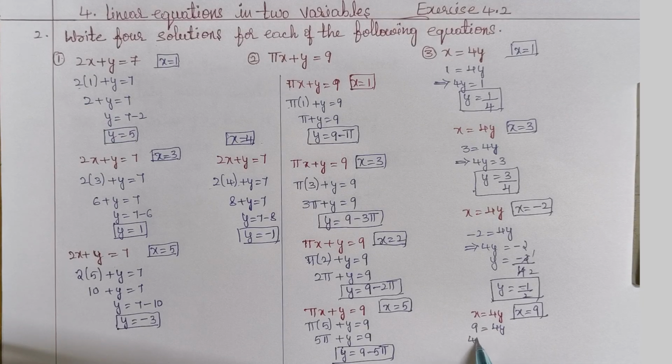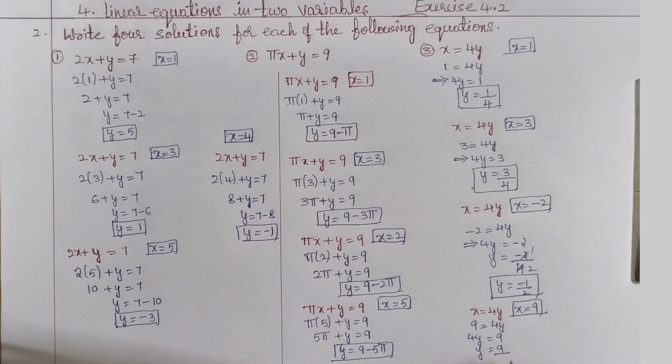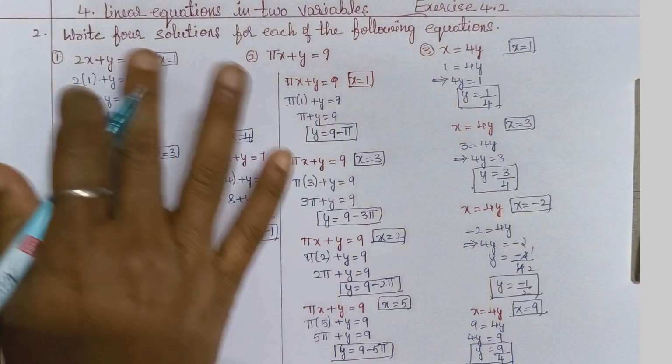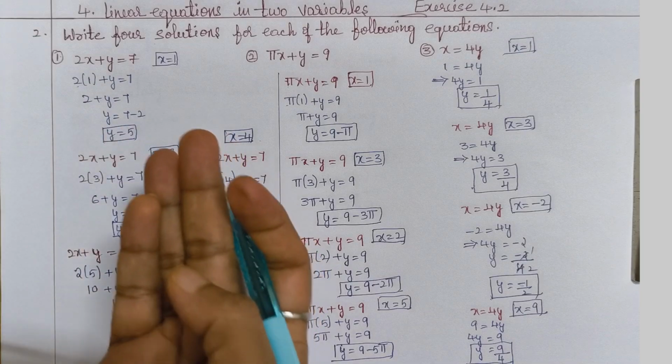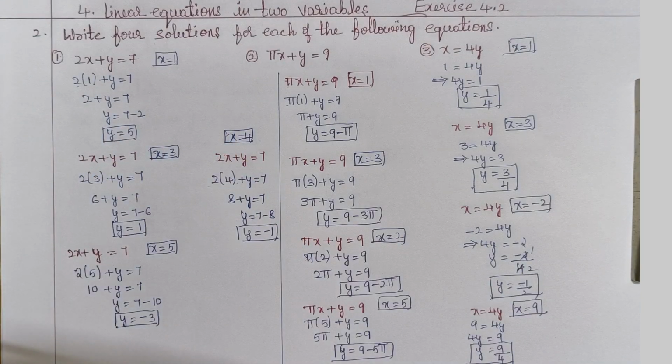See, 4y is equal to 9. Y is equal to 9 by 4 is the answer. Finished. See, only this much is the answer. Okay, the equation is given, and for solutions you substitute the x value and you find the solution.